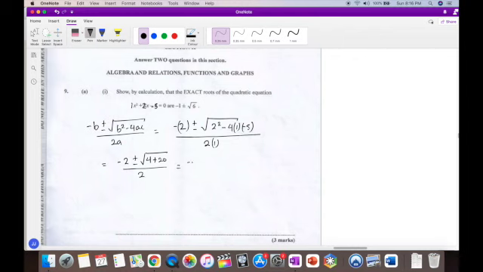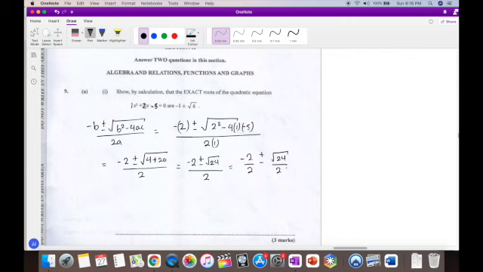So that means that I have negative 2 plus or minus the square root of 24 all over 2. So that gives me negative 2 all over 2 plus or minus the square root of 24 all over 2.